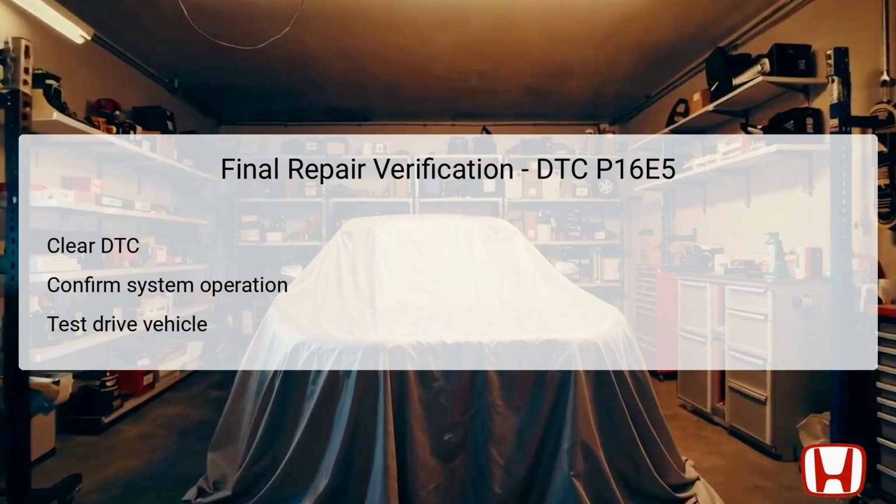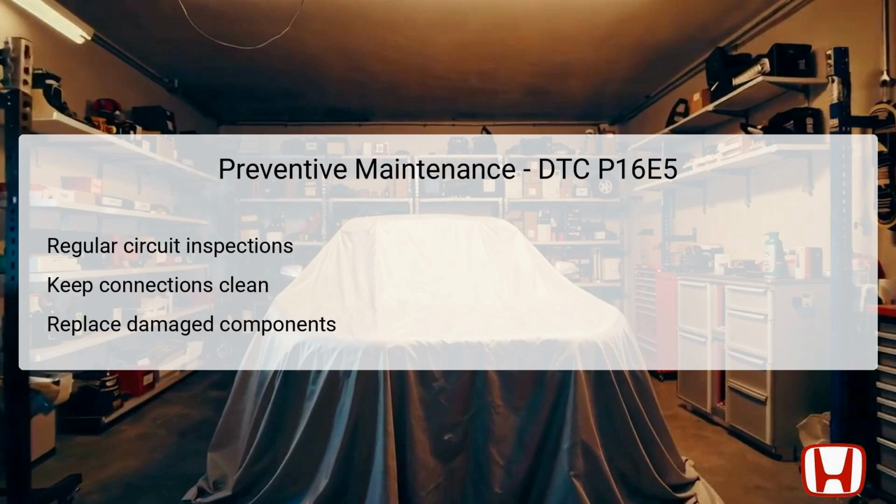Preventive maintenance plays a crucial role in avoiding future occurrences of DTC P16E5 and associated issues. Regular inspections of your vehicle's electrical circuits will help catch any potential problems before they develop into larger failures.